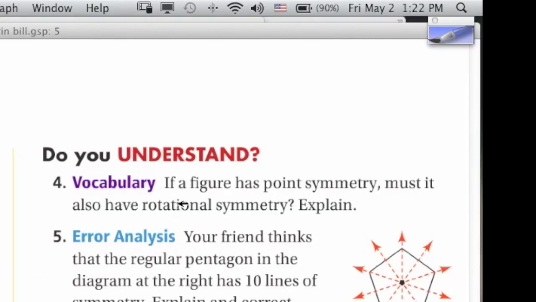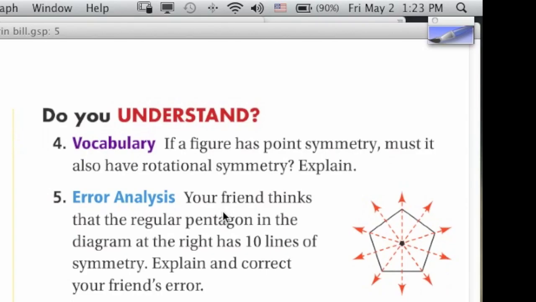And number 4, if a figure has point symmetry, must it also have rotational symmetry? So a point symmetry is angle of rotation of 180 degrees. And a rotational symmetry is it will look the same if it has a rotational angle of less than or equal to 180 degrees. So we know that point symmetry is a type of rotational symmetry.